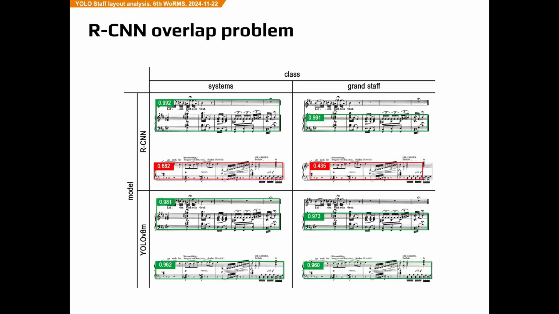Also, we came across this problem when in 98% of cases, as I mentioned before, systems are staff or grand staff, which means the bounding boxes overlap by 100%. And sometimes the RCNN model would predict these classes significantly worse.